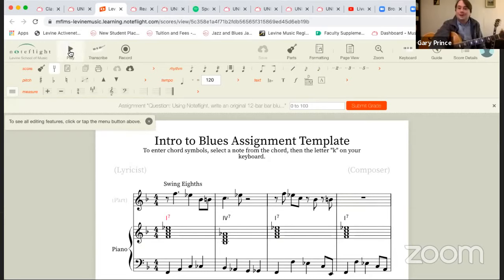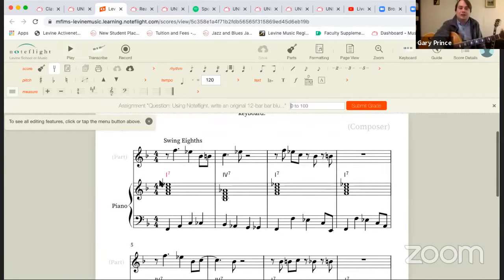So Jeffrey, if you happen to be on here, my apologies for sharing your business with everybody, but you did a great job. So this is an example of a really good example from a student. So in the template of this unit, the original template, which I'm sorry, I can't pull up at the moment apparently, I started by entering just the chord symbols in the bass line, and then the student was tasked with spelling each chord, typing in the individual notes of each chord.